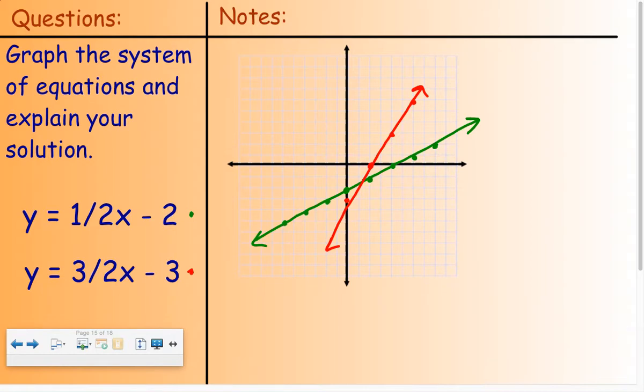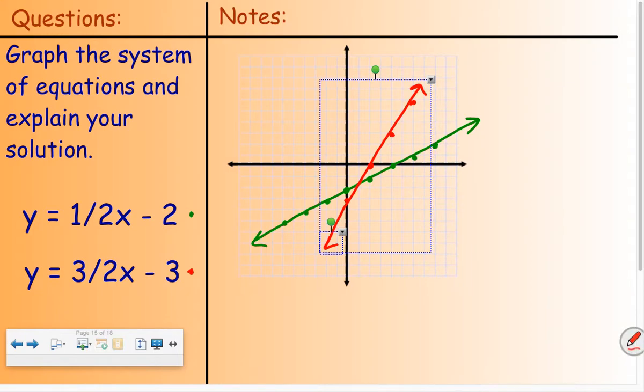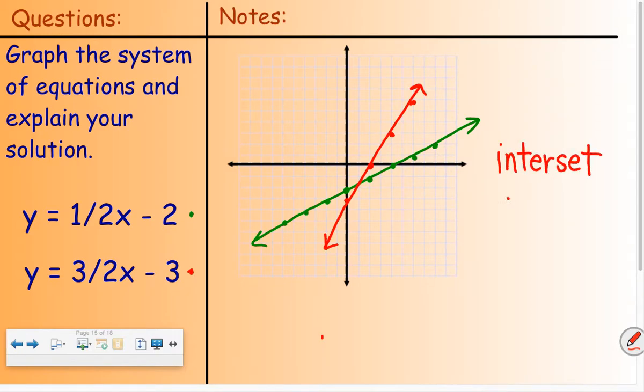Not at a very nice ordered pair though. So we'll still say intersecting, one solution, and then we'll just have to do decimals for our coordinate point. So let's see, it looks like we're at about, actually that one doesn't look too bad. We'll say 1, negative 2 for where they intersect.